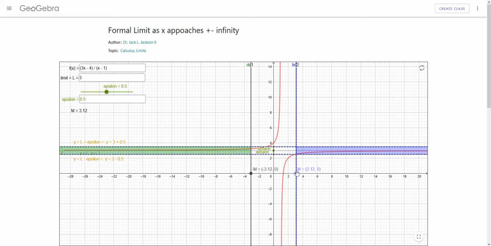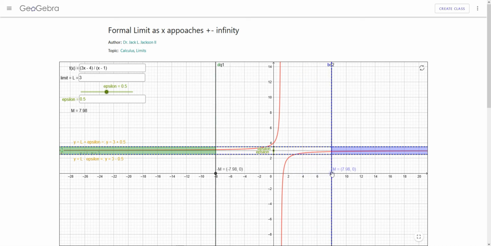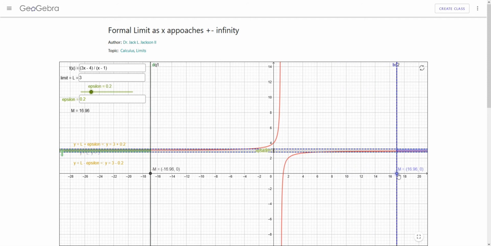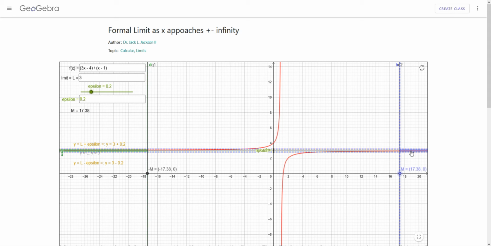No problem, I just make a bigger M. Say I could go to there or anything to the right of that. And now the graph is staying inside that little strip. Okay, and the point is, no matter how small I make epsilon, there's somewhere I can go to make M large enough so that the graph always stays within.